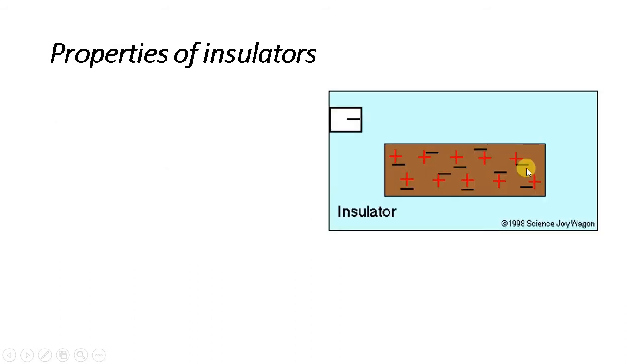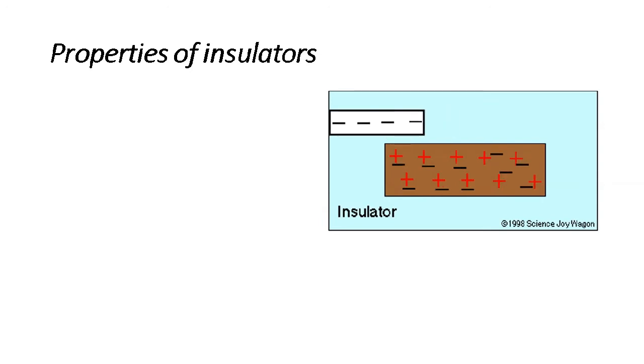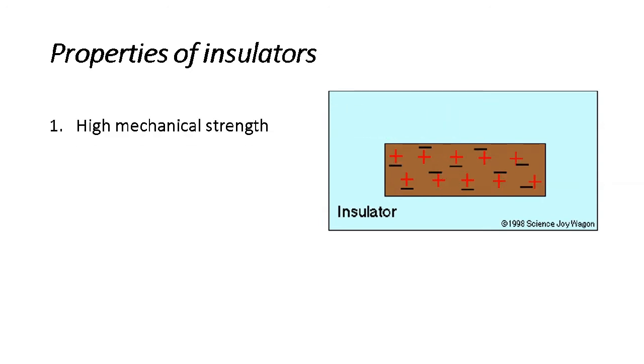Now when we talk about the desirable properties of an insulator, they are as follows. The first is that it should have high mechanical strength. Why? Because the insulator has to carry the weight of the conductor, and we know that ACSR, aluminum conductor steel reinforced, is a very heavy kind of conductor.